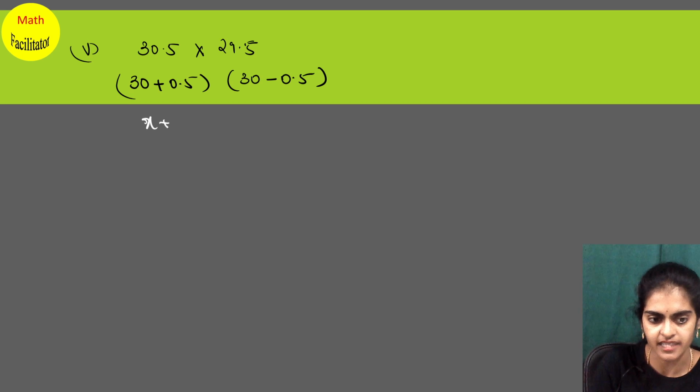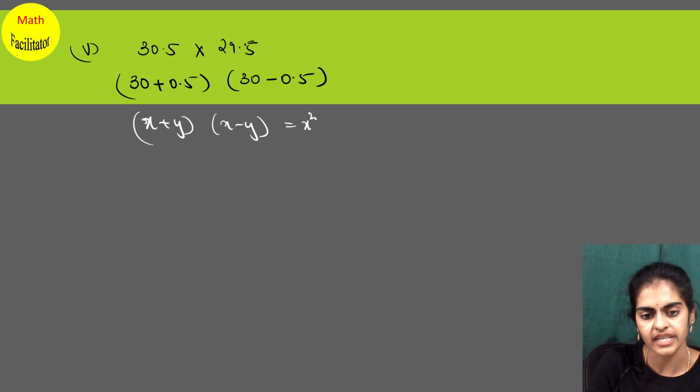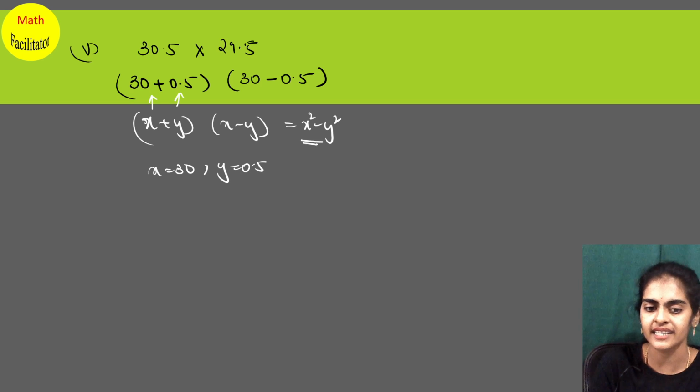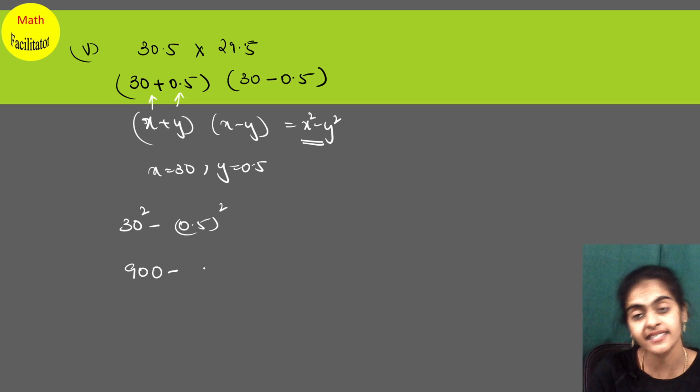Now this is like (x plus y) into (x minus y) is equal to x square minus y square. Now what is x here? x is 30. What is y here? y is 0.5. So can I write it as x square minus y square? x square is 30 square, minus y square is 0.5 whole square. 30 square is 900, minus 0.5 whole square. 5 square is 25.